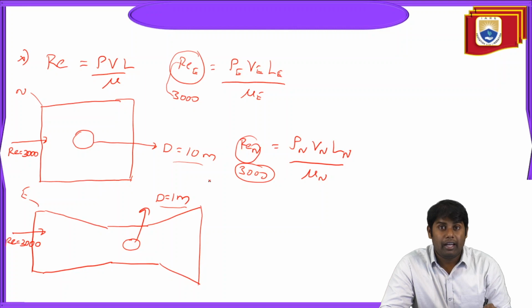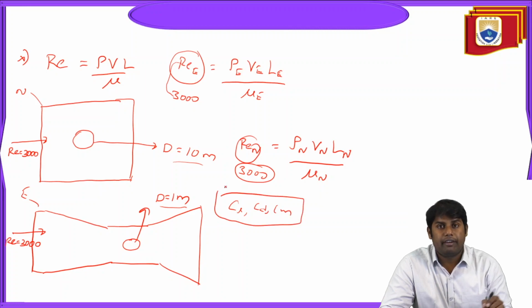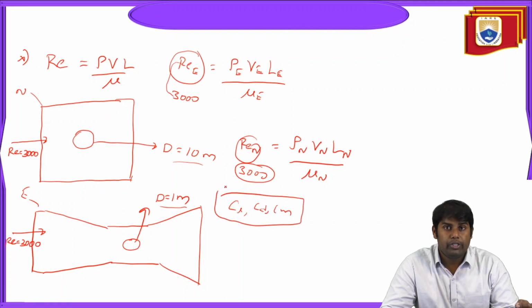The first similarity rule is that the shape should be the same and the size doesn't matter. If you want to compare the values of CL, CD, CM and other force coefficients of two geometries with the same shape but different sizes, their Reynolds number should be equal.